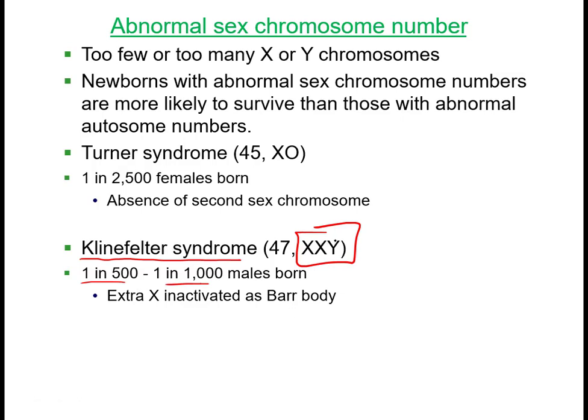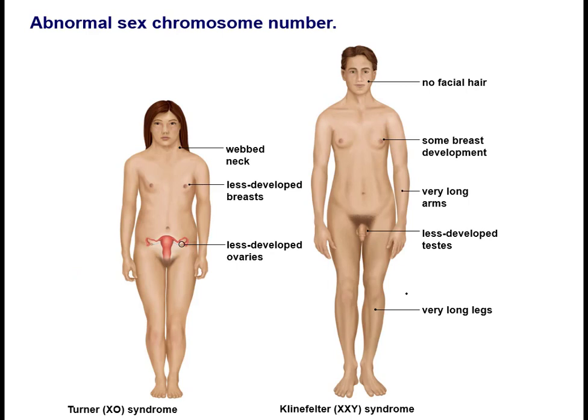Biologically, we would consider this male because there's still a Y chromosome there, but it could lead to some secondary effects. Individuals with Klinefelter syndrome tend to have no facial hair develop, very long legs. There will probably be some sexual development issues. So individuals with Klinefelters will likely never be able to have children of their own.